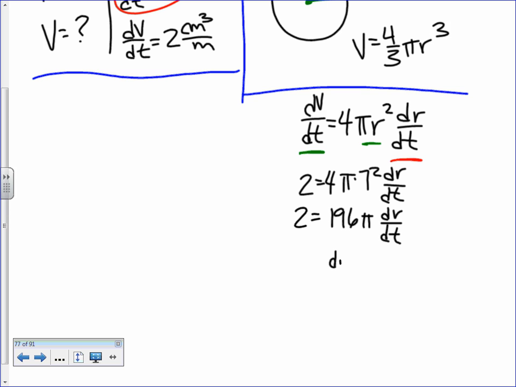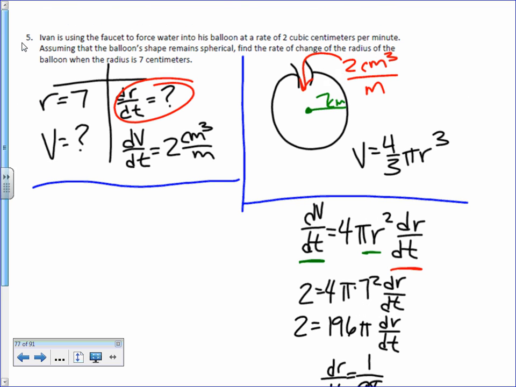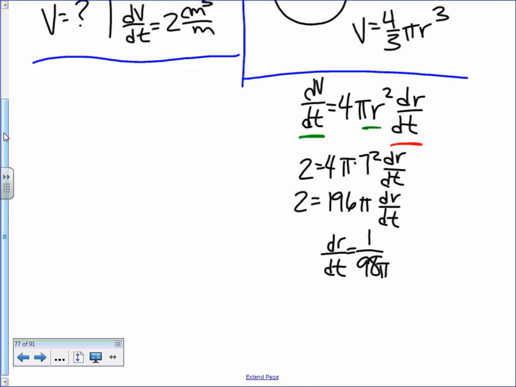So dr dt equals 1/98 pi. Better put a unit with that. Here, I'll put dr dt equals on the other side. 1/98 pi. And then our units, we're measuring in centimeters, and it was per minute. So this is just centimeters per minute. Okay, that one was fairly straightforward. Let's go on to the next one.